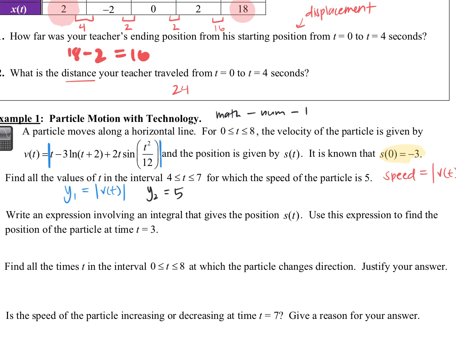I'll give you a minute to plug this in and see where it intersects, and then we'll check our answers. I'll show you up on the TV what I get. We're looking at the interval from 4 to 7 on our graph. Use second calculate, intersect, to find those two values. I'm going to plop in a picture of what you should end up getting so you can check with me.